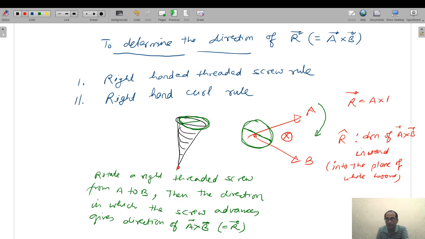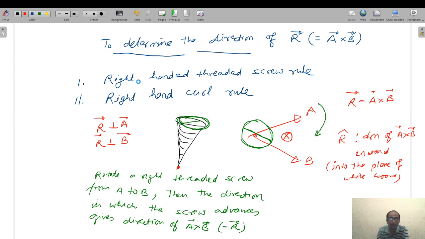A क्रॉस B, so direction of R is inside the plane of this whiteboard. So what we observe is that R is perpendicular to A vector, and this R is perpendicular to B vector, right? तो ये जो R है ये दोनों ही वेक्टर्स के, A के और B के दोनों के ही परपेंडिकुलर डायरेक्शन में है, and this time it is inward.